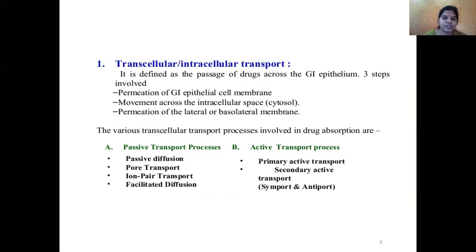Under passive, you have four: passive diffusion, pore transport, carrier mediated transport, and facilitated diffusion. Under active transport, you have primary active transport and secondary active transport. Secondary active transport is again classified into two types, symport and antiport. We discussed this many transport mechanisms till now. This is all about transcellular or intracellular transport.